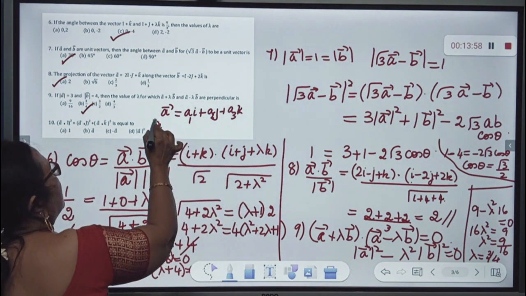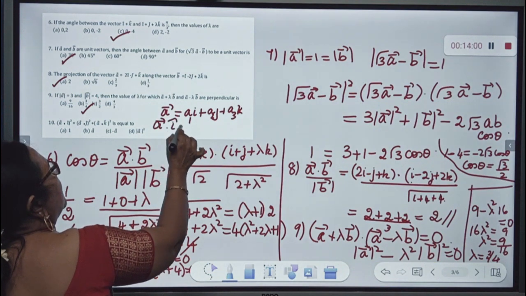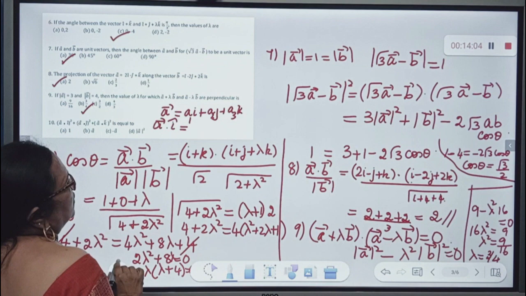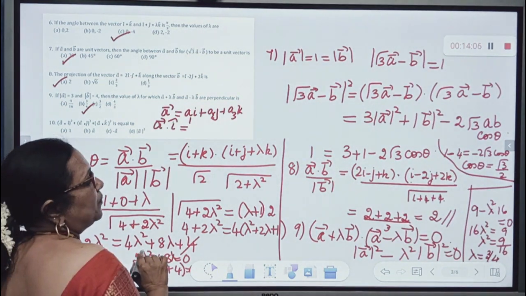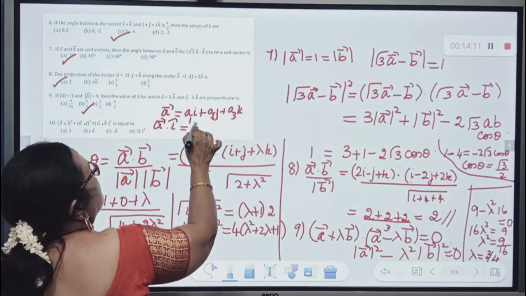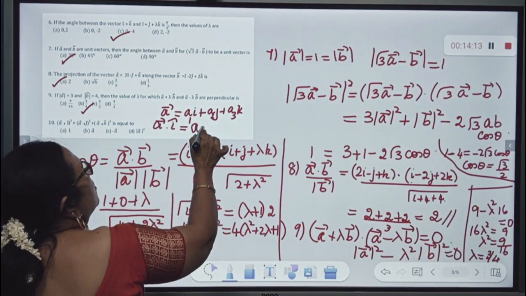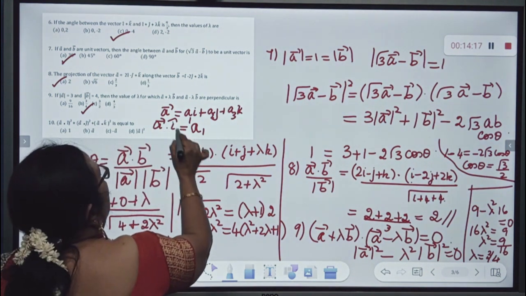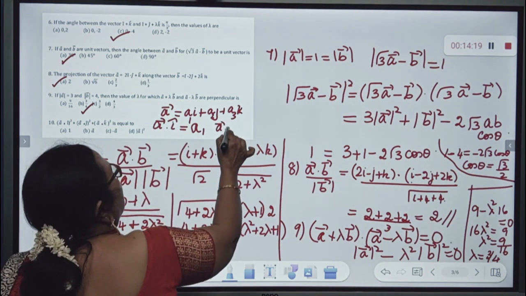Now A vector dot I cap will be, J dot I, K dot I will all be 0 because I, J, K are mutually perpendicular vectors. I dot I will be 1. So this is 1 times A1. So this is A1.